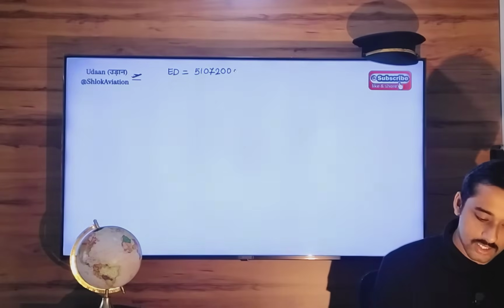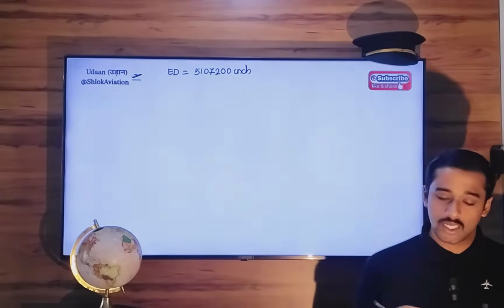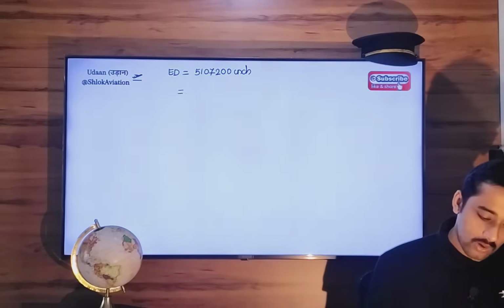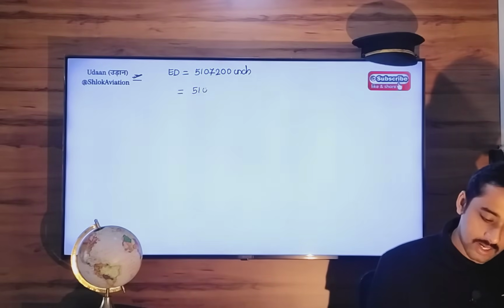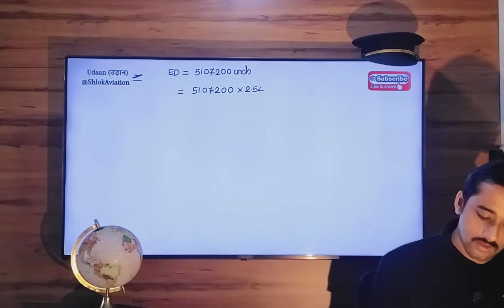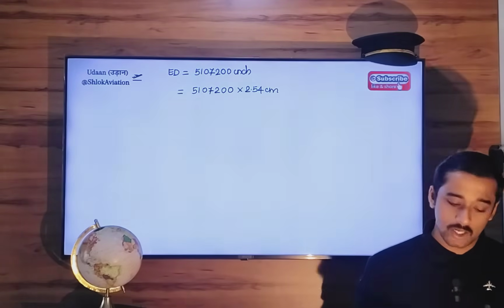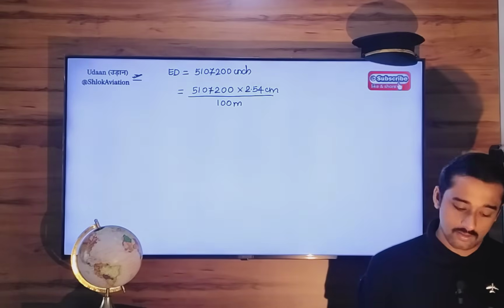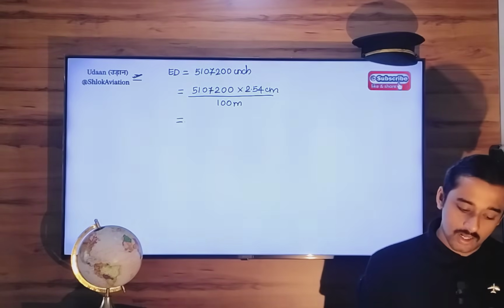Now let's convert this into nautical miles. So first convert inches into centimeter. So 1 inch is 2.54 centimeter. Converting centimeter into meter, what will you do? You will divide by 100. So that will give you an answer in meters.